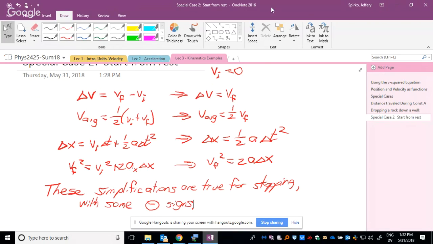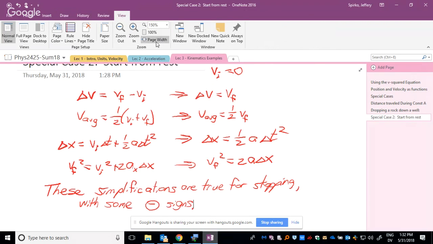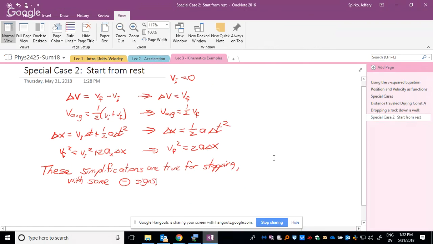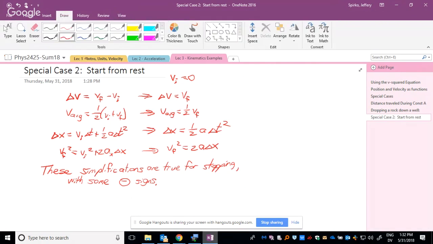So I think what I'm going to do is zoom out a tiny bit and do a VF equals 0 version of these. Delta V is minus VI. V average is 1/2 of VI.